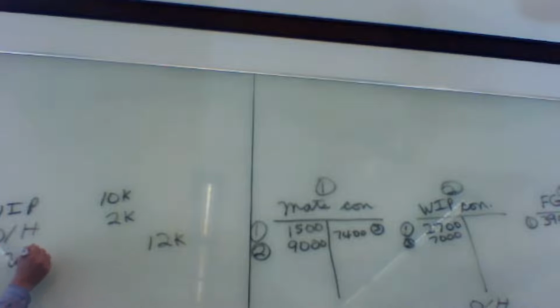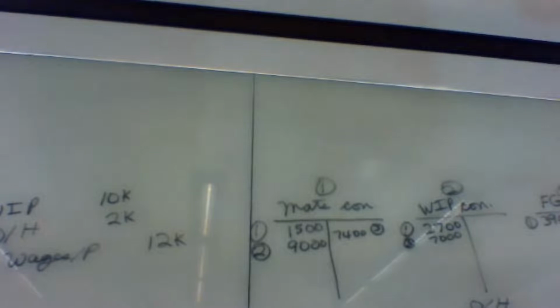To make that journal entry balance, by the way, debits always equal credits, remember that, we're going to be crediting $12,000 for wages payable. Usually it's not cash, they usually wait until later to pay cash. Payday's a little bit later. So now we've increased work in process by 10,000 for direct labor, and we've increased overhead incurred by 2,000.